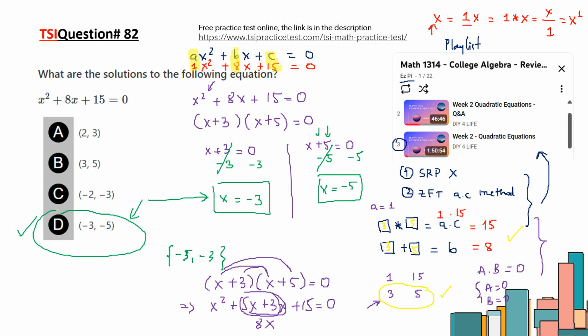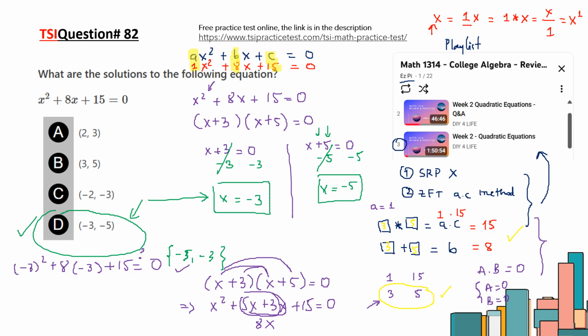And if you are careful enough, you can plug the answers back in to check. When you check x equals negative 3, x squared plus 8 times negative 3 plus 15 should be 0. If it's not 0, then you calculated something wrong. Negative 3 squared is 9. 9 minus 24 is negative 15, and negative 15 plus 15 is 0.